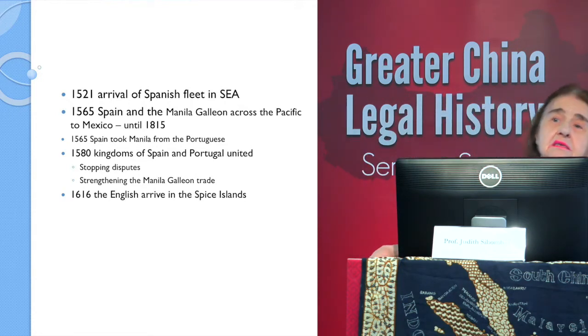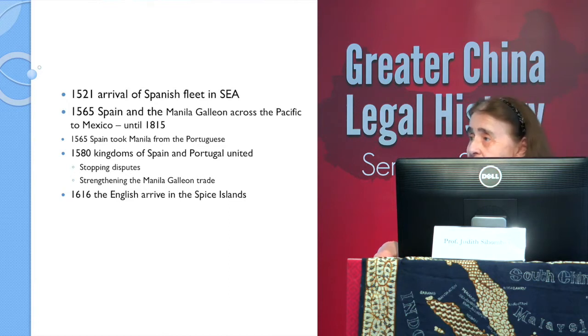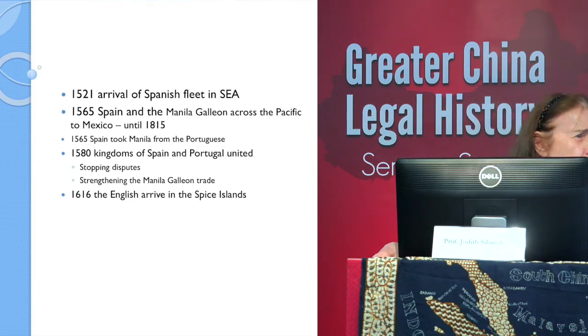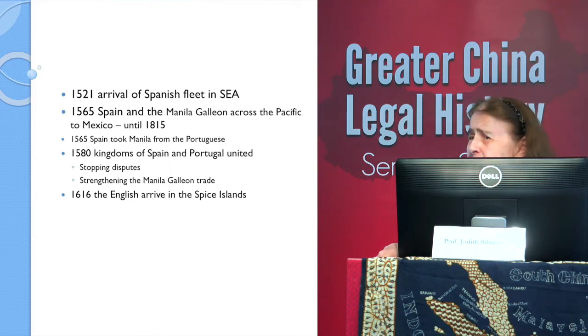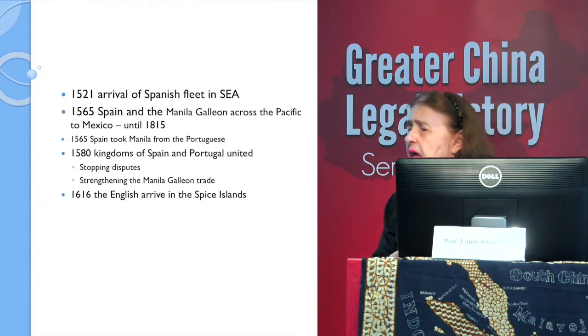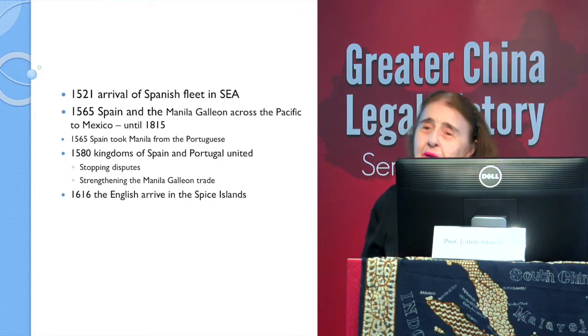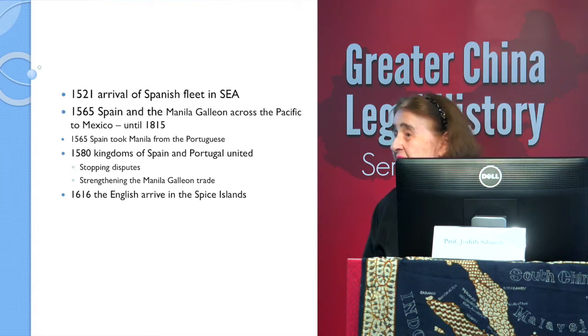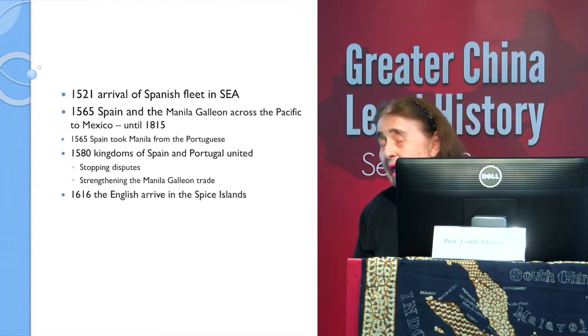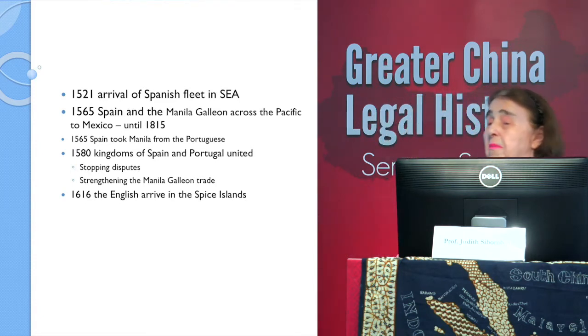Now, 1616, at last. What's the old race between the tortoise and the hare? So the tortoise was everybody else except England, and England the hare. 1660, we got here. Into the Spice Islands. Wow, we're here. Now we're going to make our money.